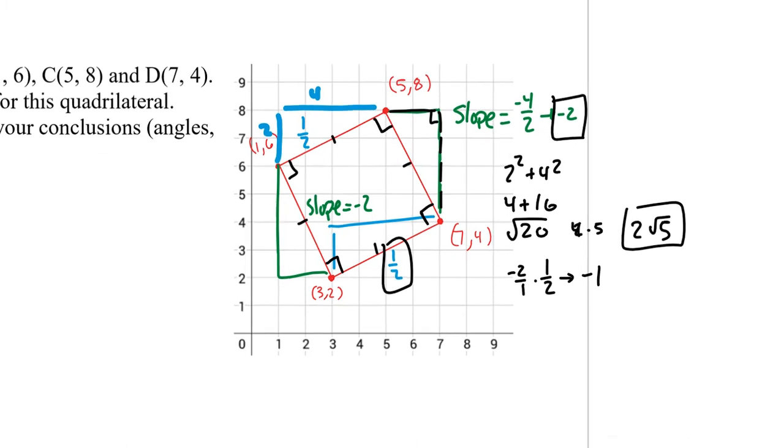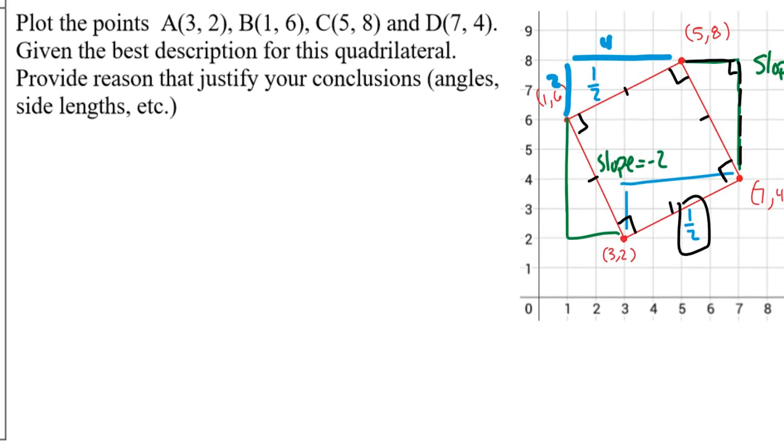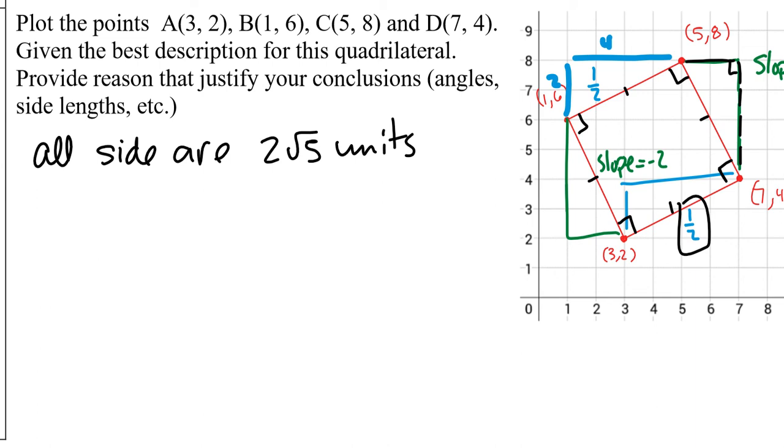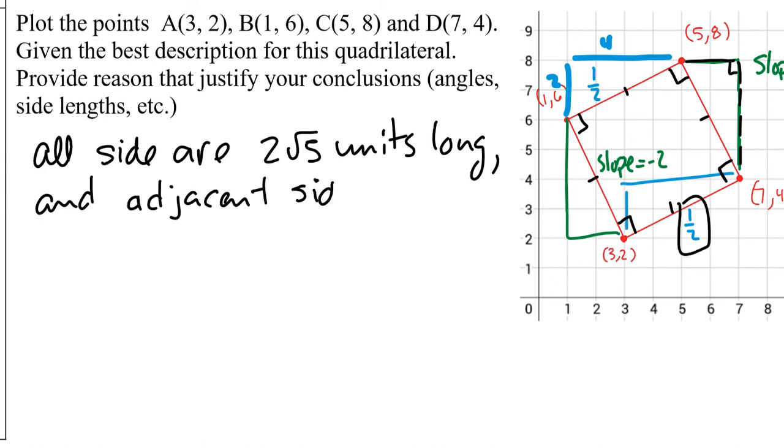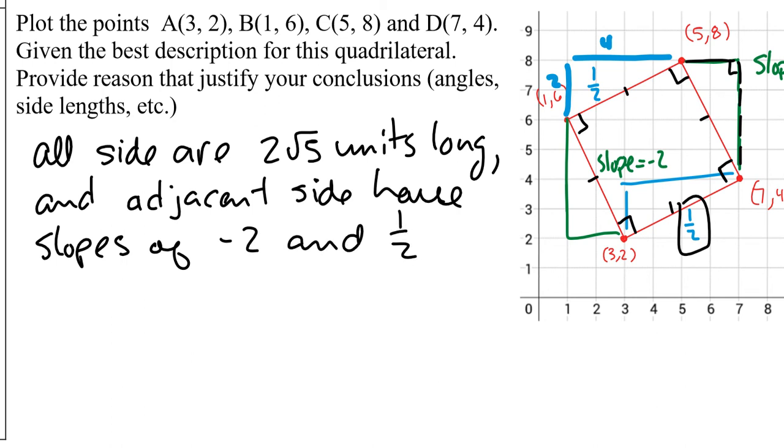So I need to record those observations, and you can see everything in the diagrams here, but I'm just going to say all sides are 2 times the square root of 5 units long, and adjacent sides that touch each other have slopes of, was it negative 2 and positive 1/2.